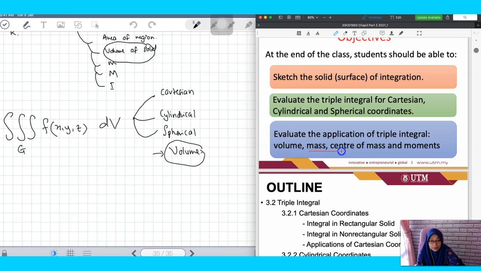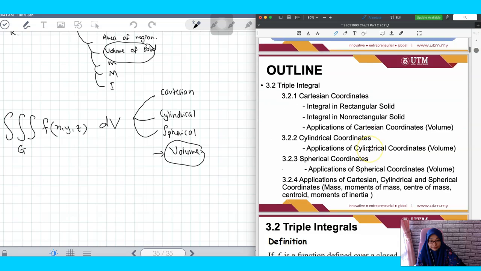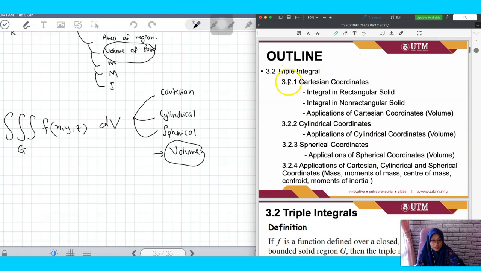Similar to the previous video, where we used the double integral to evaluate the mass of the lamina, now you want to evaluate the mass of a solid, the center of mass of a solid, and the second moment of the solid. So this is just an outline.